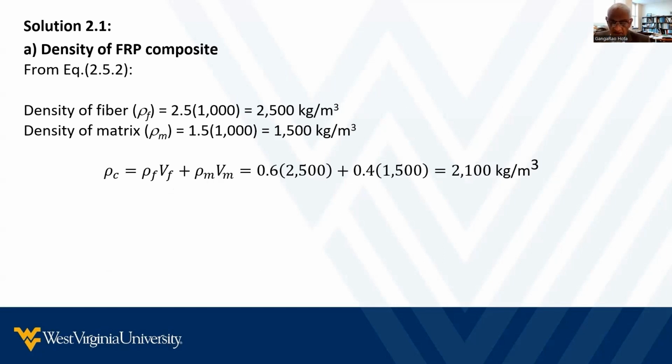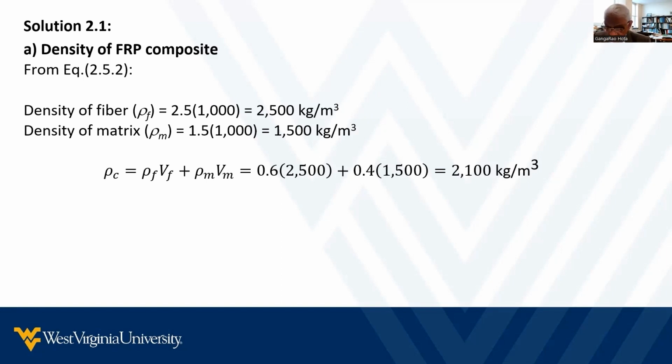So here you can see the density of the fibers. As I told you, the specific gravity of fiber is 2.5, of a matrix is 1.5. You correspondingly multiply it with water density. In British units, that is 62.4. In the SI units, that is 1,000 kg per meter cube.